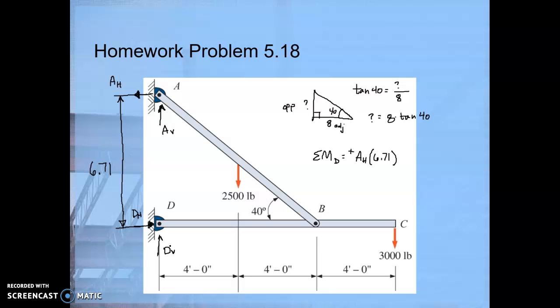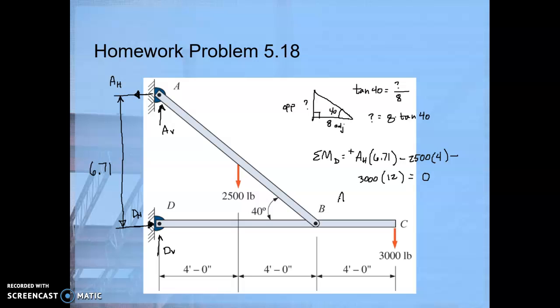We've got 2,500 coming down, which is going to cause clockwise rotation. That's negative. So negative 2,500 times 4, that's its moment arm distance. And we've also got minus 3,000 times 12. And those three moments will all cancel each other out.